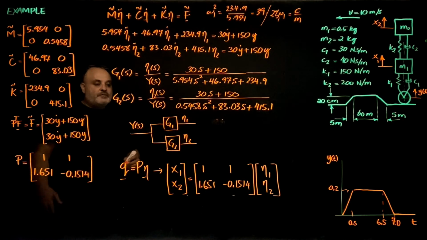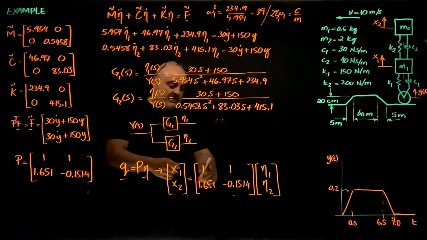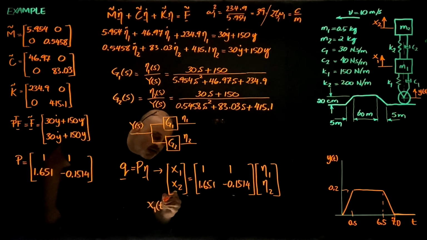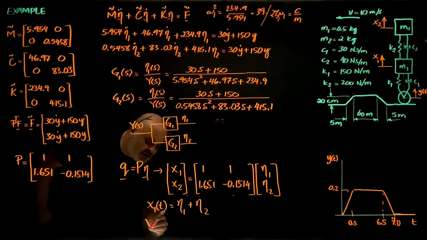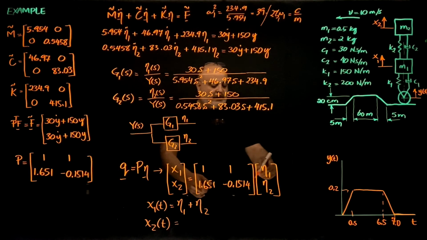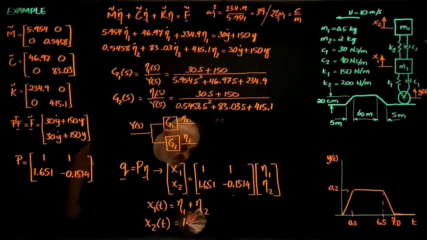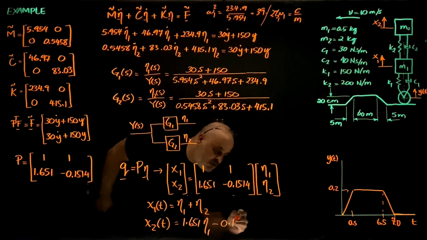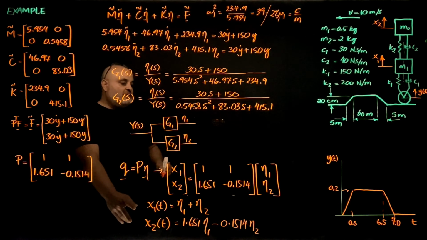So that means after determining eta 1 and eta 2, I know that x1 of t equals eta 1 plus eta 2, and x2 of t is going to be 1.651 eta 1 minus 0.1514 eta 2. So I have these two equations.